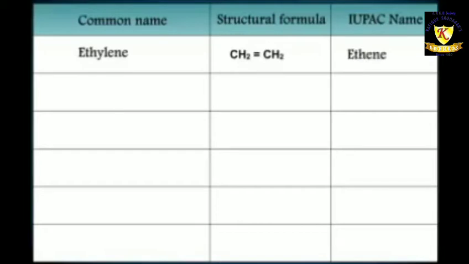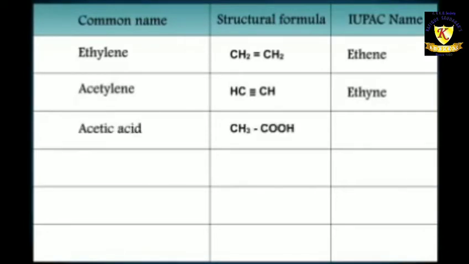So the IUPAC name is ethene. Acetylene, CH triple bond CH, IUPAC name ethyne. Acetic acid, CH3COOH, ethanoic acid.